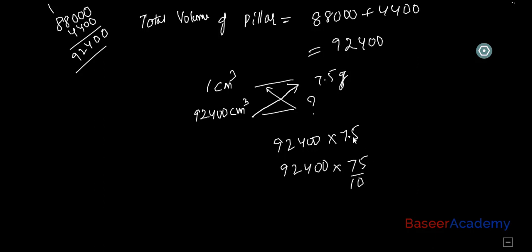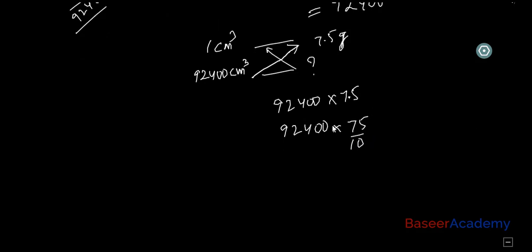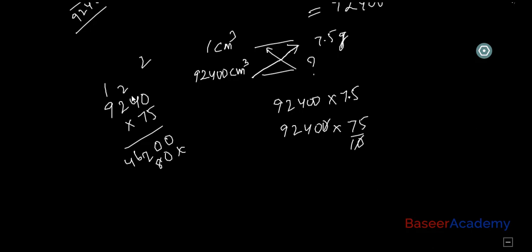If I have two numbers after the point, I'll place 100. I believe everyone knows this. Now this 0 and this 0 get cancelled. 9,240 multiplied by 75. 5 into 0 is 0, 5 into 4 is 20, 5 9s are 45, 46. 7 into 0 is 0, 7 into 4 is 28, 7 9s are 63, 64.